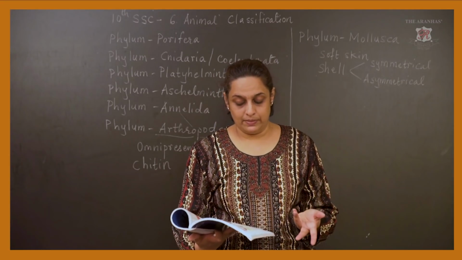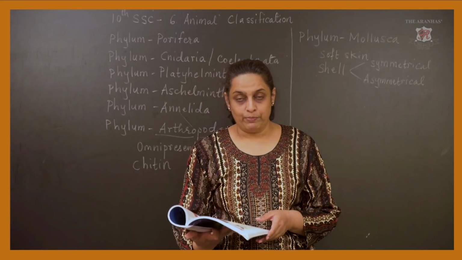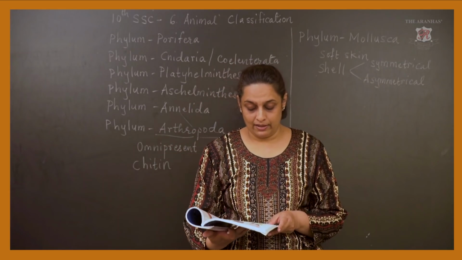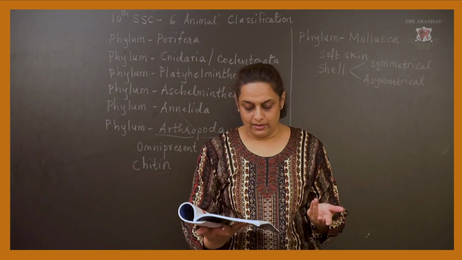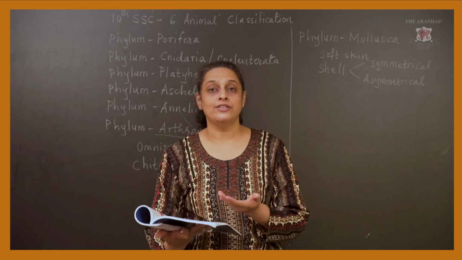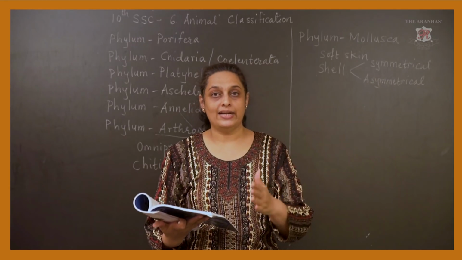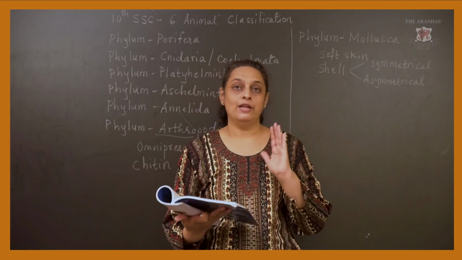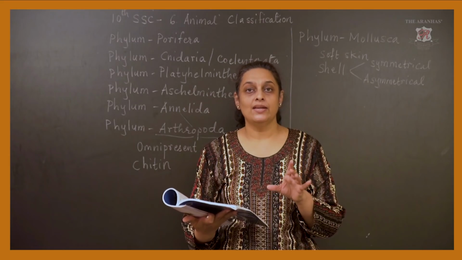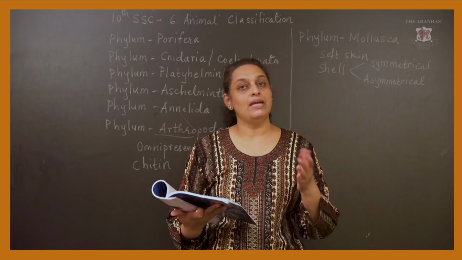Then some members like snail, they are terrestrial, triploblastic, true coelomate animals, and usually hard shell which is produced, that hard shell is of calcium carbonate, and that is produced by skin of that animal itself. Okay? And animals are unisexual, that is, one body will have only one type of reproductive system, either male or female.